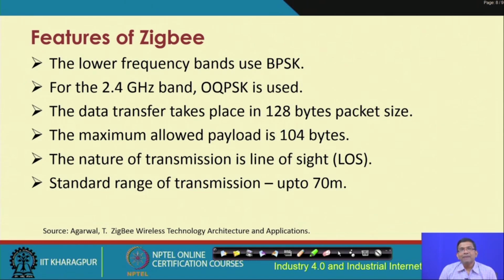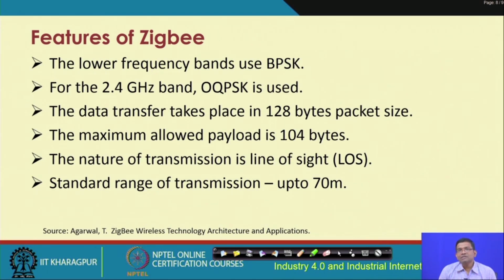The lower frequency bands in ZigBee use BPSK, and the 2.4 gigahertz band uses OQPSK, the offset QPSK. The data transfer takes place in 128 byte packets, and the maximum allowed payload is 104 bytes.